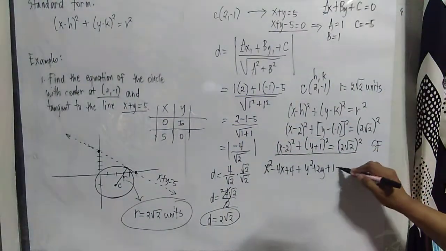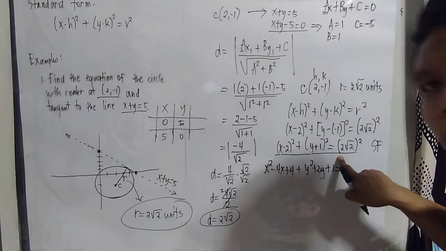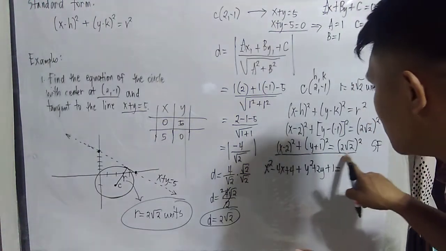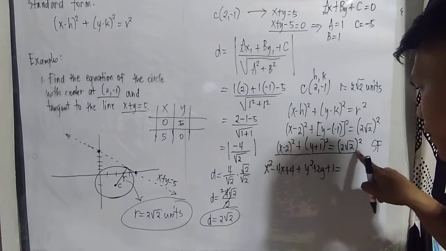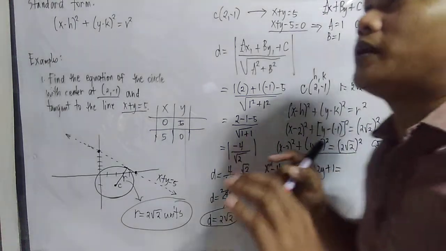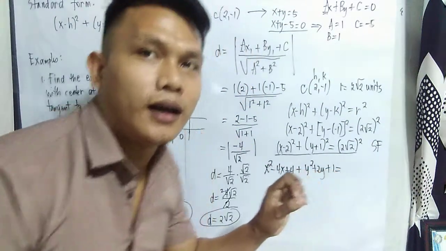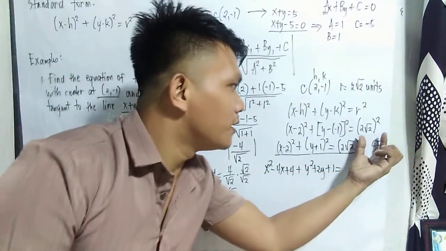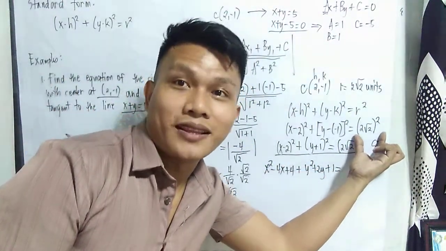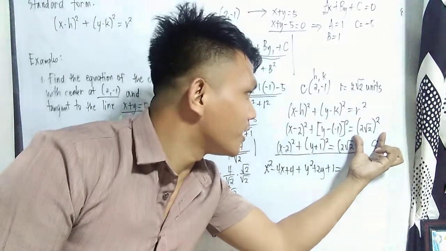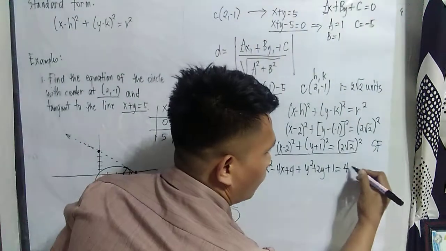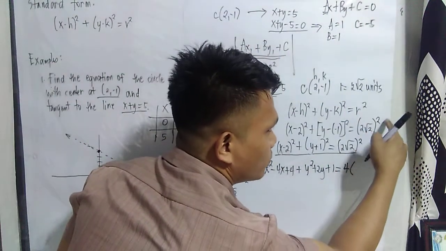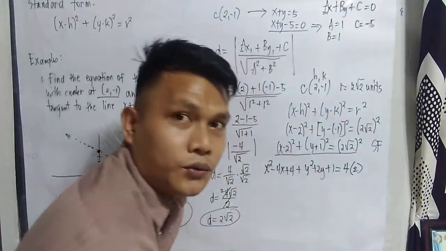Okay, so how are we going to square this 2 square root of 2? We have to square it; this is what we call the square of a product. The square of a product is 2 squared, which is 4, times the square root of 2 squared, which is 2.